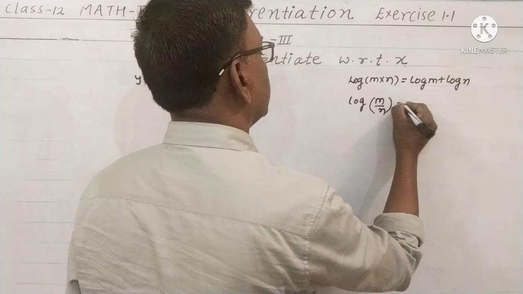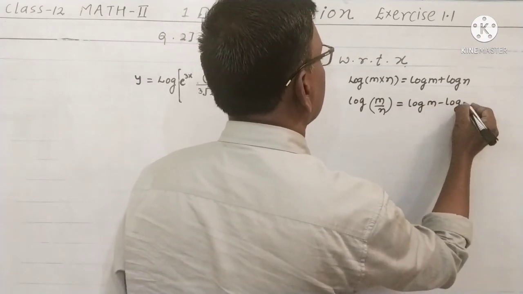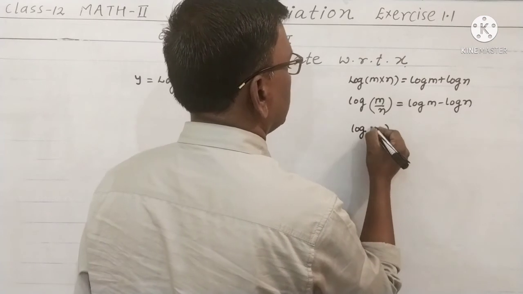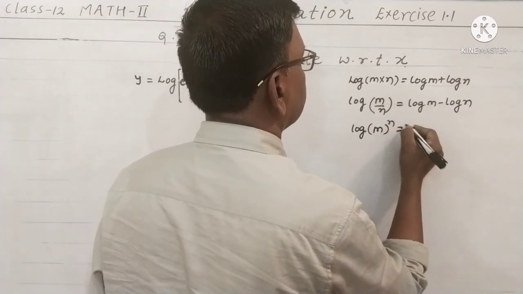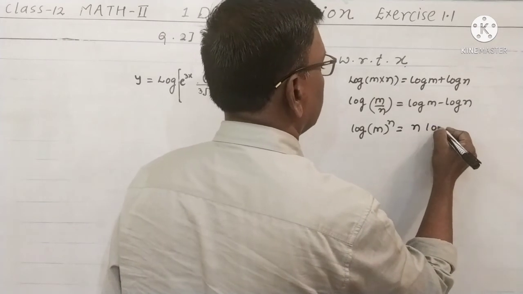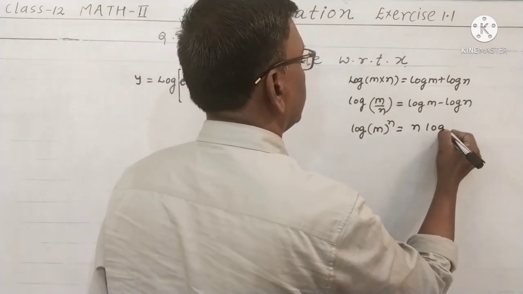We have the formula log m minus log n. Again, one more formula we have to use, log m to the power n, and we can write by this logarithmic formula as n log m. Log m raised to n we can write as n log m.